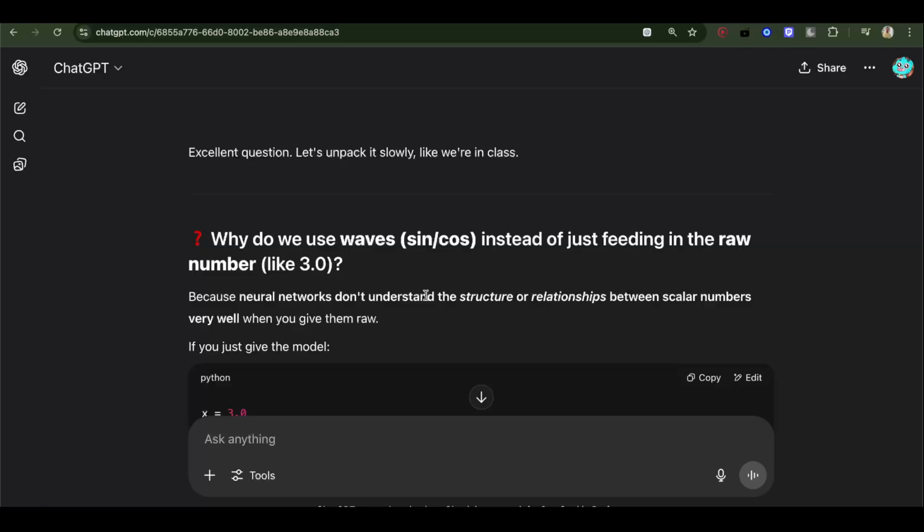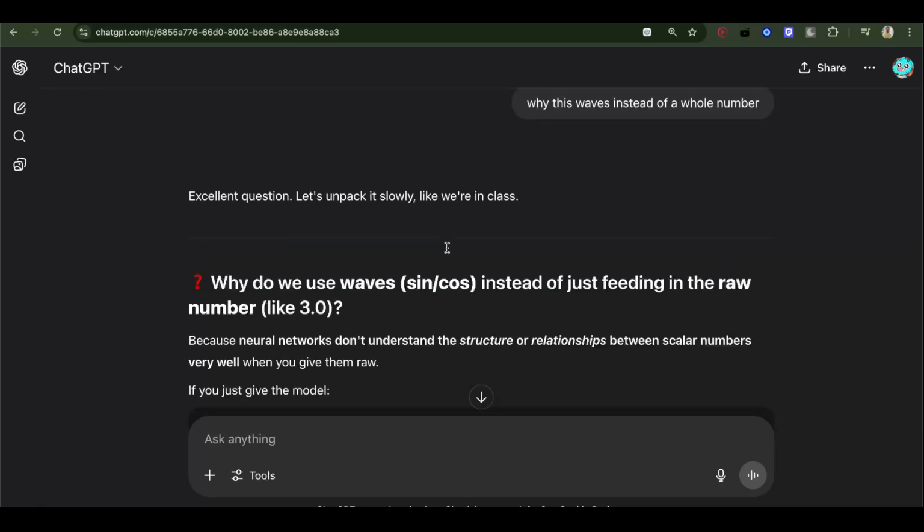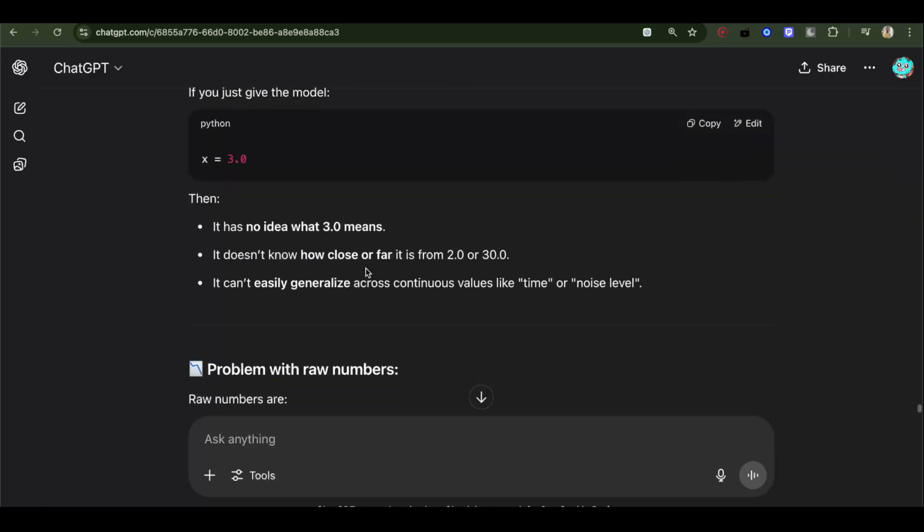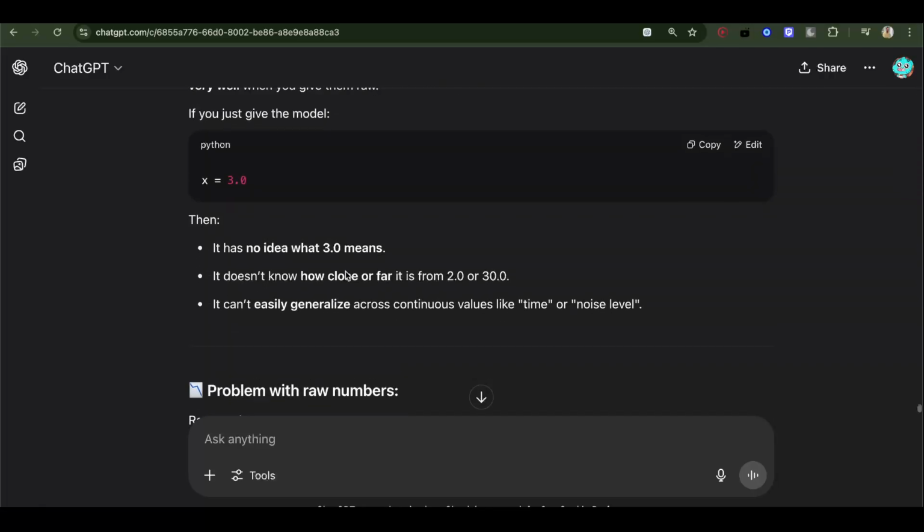I think that even just giving the scalar value would work, but maybe this sine cosine works better. Because the network needs to learn, when you give it 3, okay, it's close to number 2, but it's far from number 30. So it's close to step 2, but far from 30. It needs to learn that.